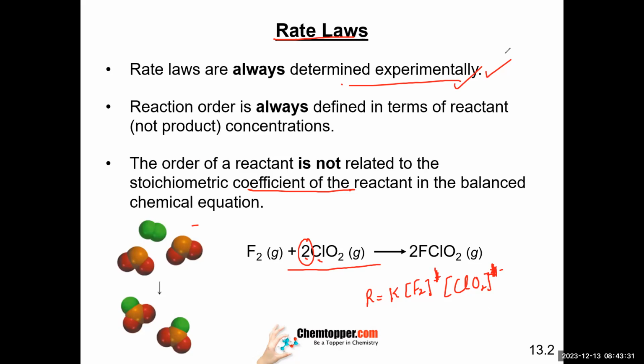Rate law is always in terms of the reactants, never in products. We never talk about products here. We just take the reactants. Third, the order of the reaction is determined experimentally, not by looking at the coefficients of the balanced equation. All the points are clear? These can be multiple choice questions, the points.